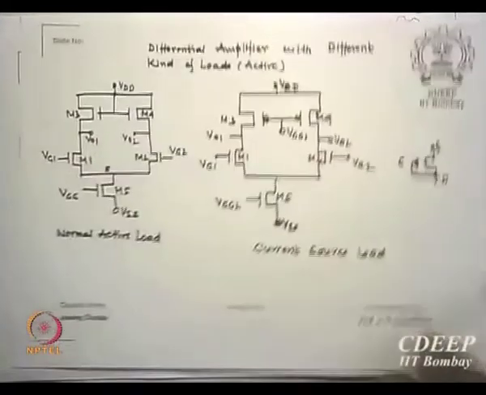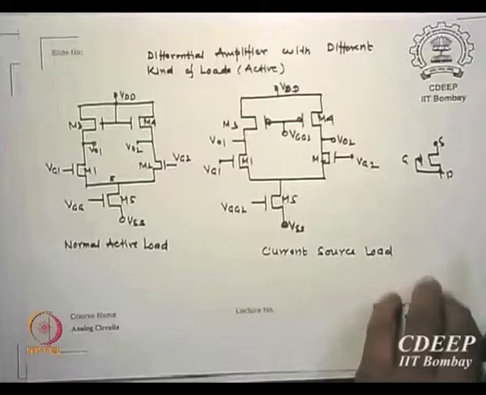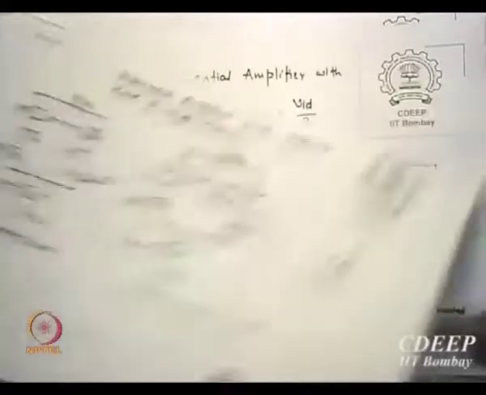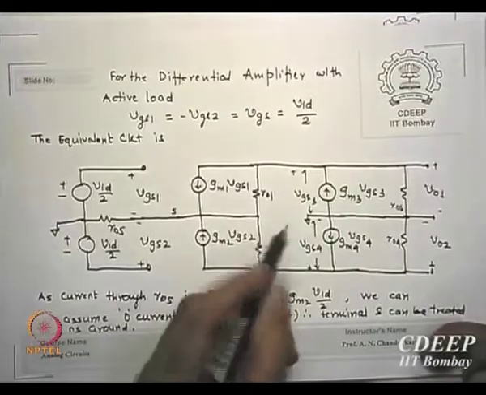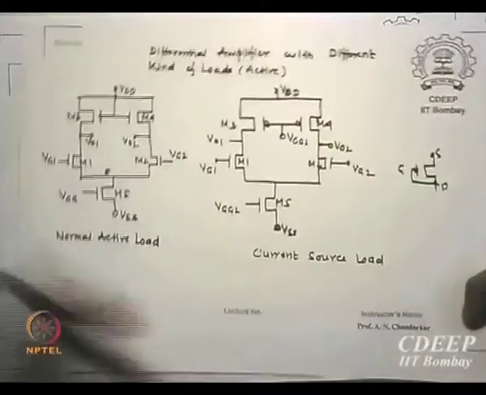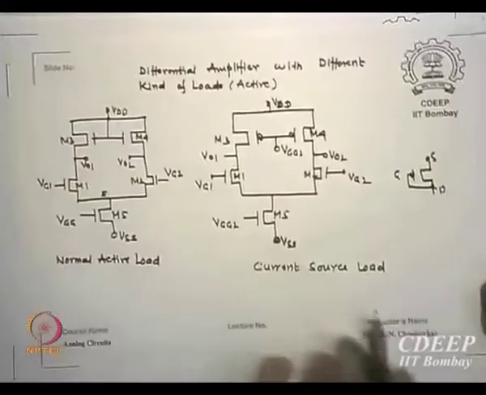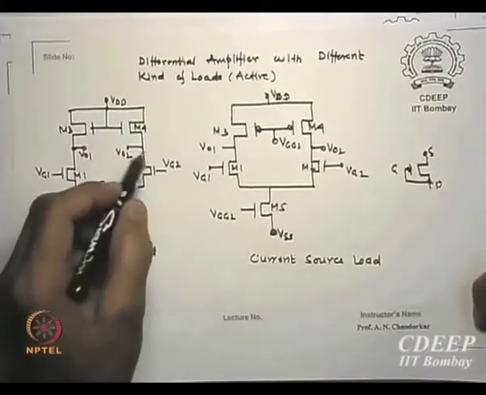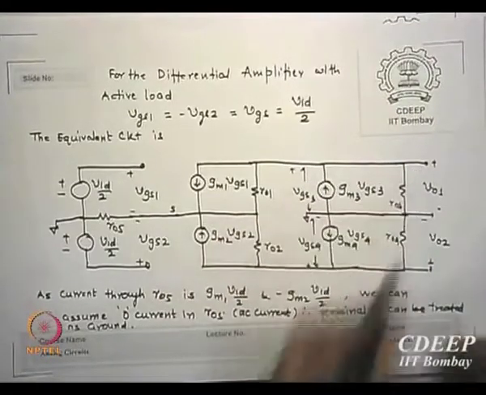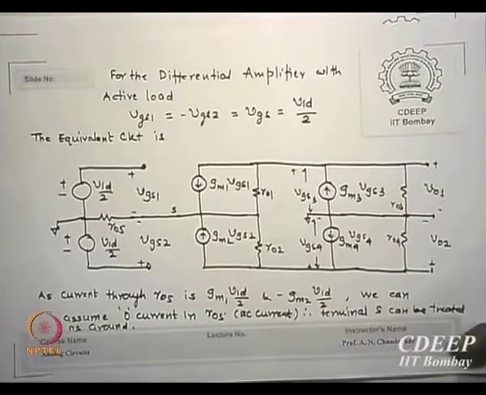This is the same two circuits put together in one way because the source is common. Then for VGS3 and VGS4, please remember this is something interesting. These transistors are connected at the outputs here, this is your VO1 and this is your VO2.